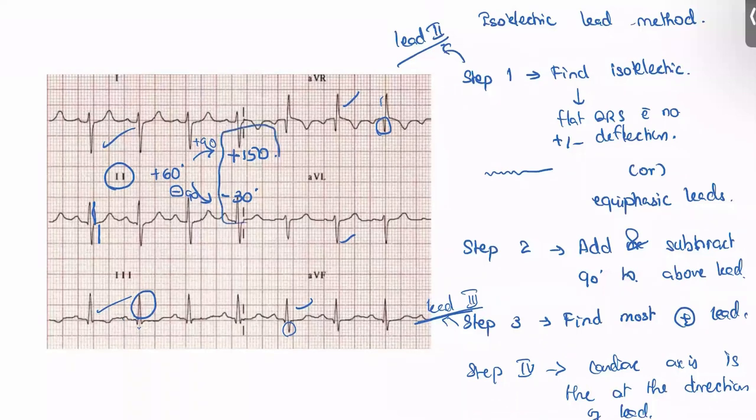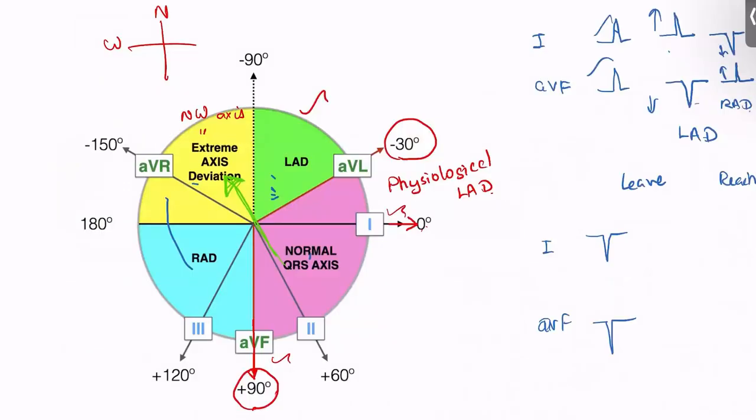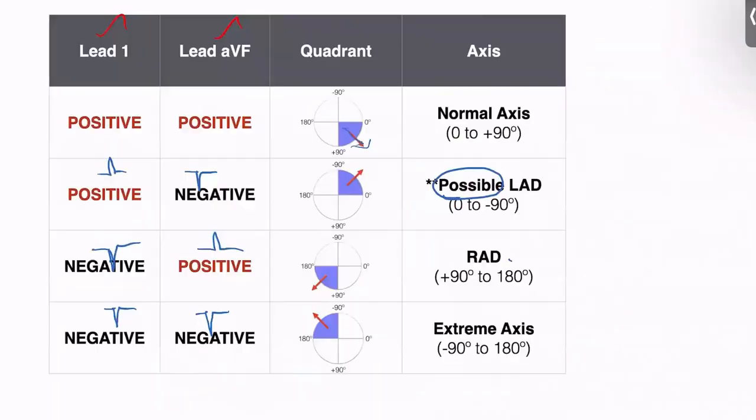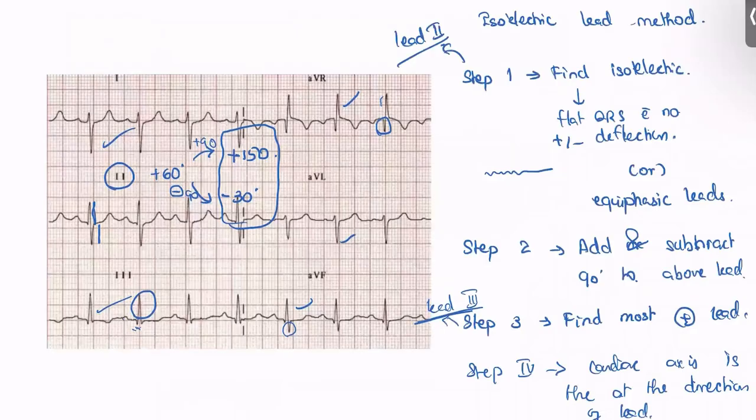From plus 150 or minus 30, we have to choose the one that gives the real axis, which must be nearest to the most positive lead. Lead 3 is at 120 degrees. Which one is nearest to 120? The answer here is plus 150 degrees.